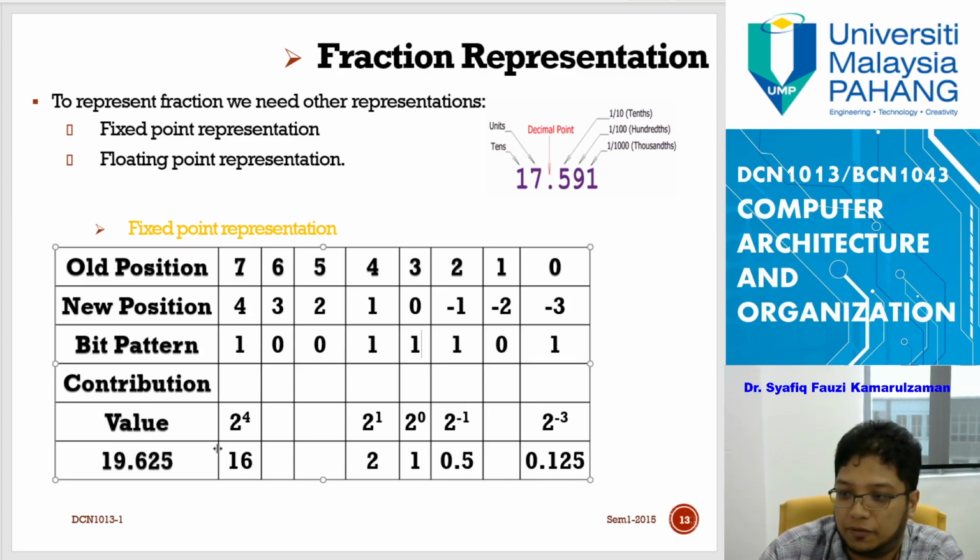So the total of here is 19.625. So the binary is 10011.101 here. So this is basically how you represent a fraction.